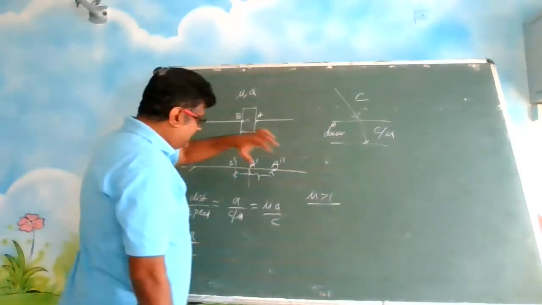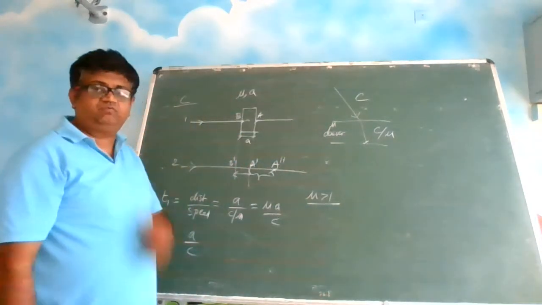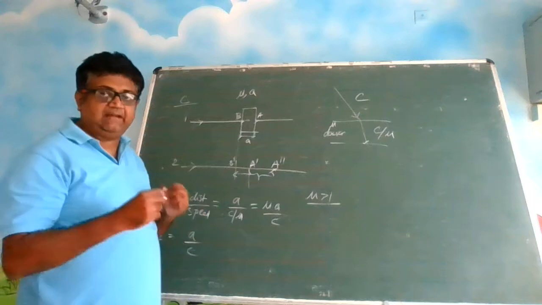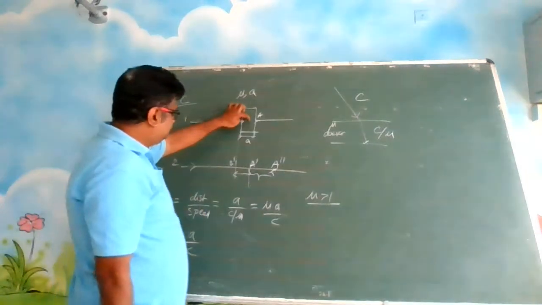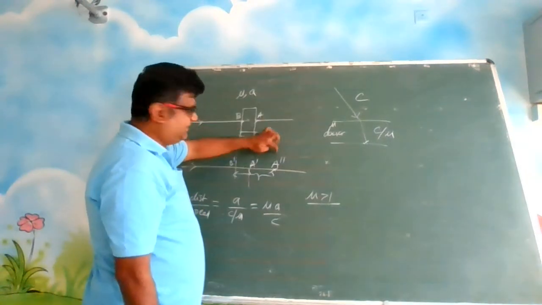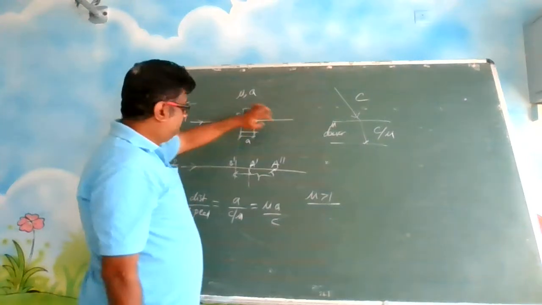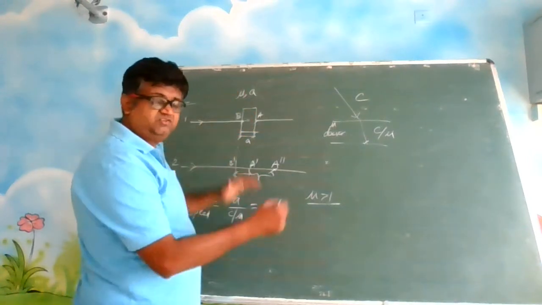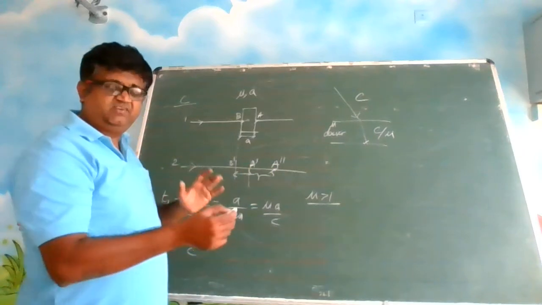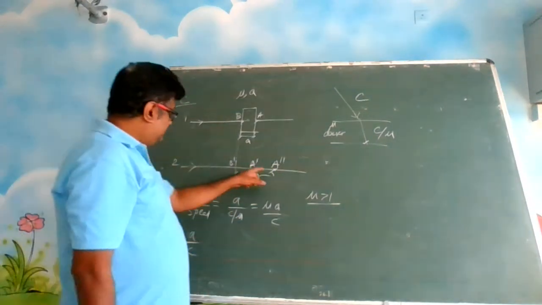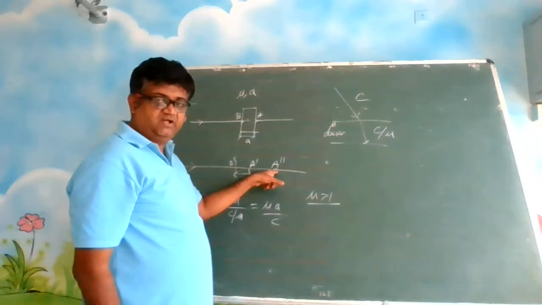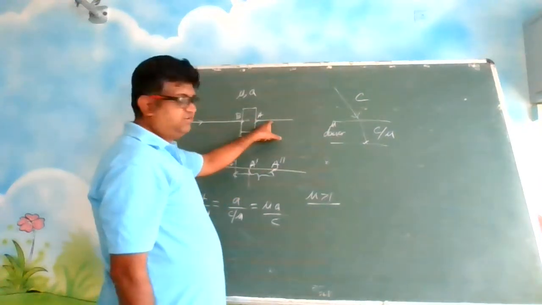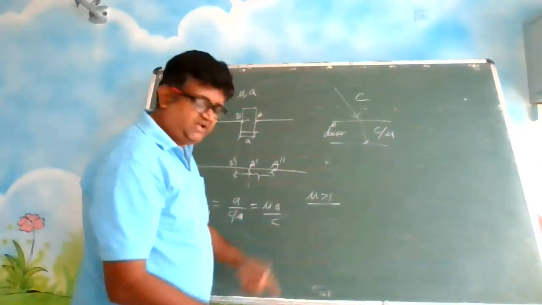To find out this path difference, I have to find out what the time gap is. If the slab was not there, both rays would have been at A double dash only. But because of the glass slab, this ray is slightly behind. There is a time gap. This one is reaching A double dash early, and this one is reaching a little late. So what is the time gap?